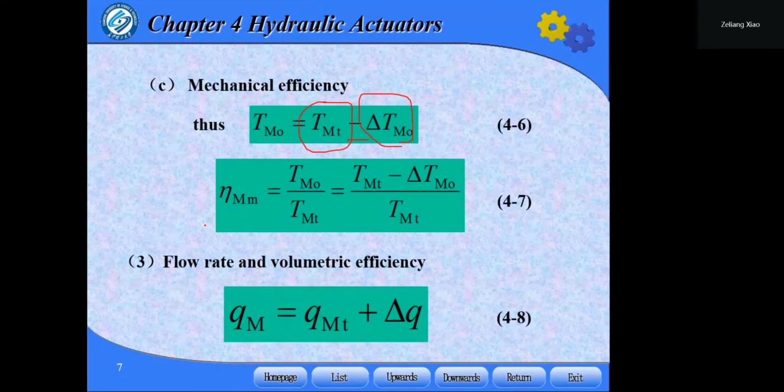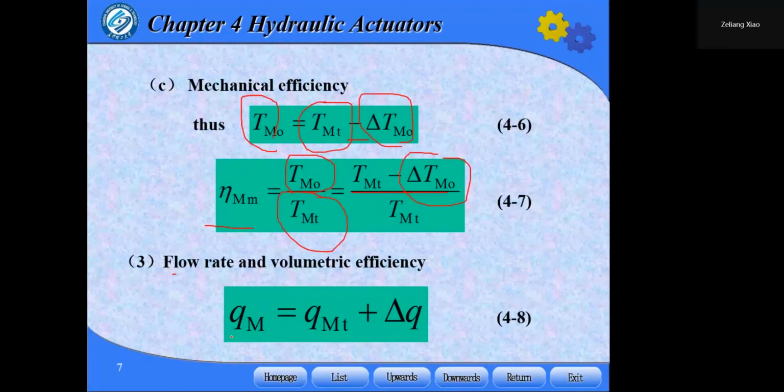So we can get the mechanical efficiency in the operating condition. This is the theoretical torque. So the actual torque equals the theoretical torque minus the loss of the torque in the working condition.